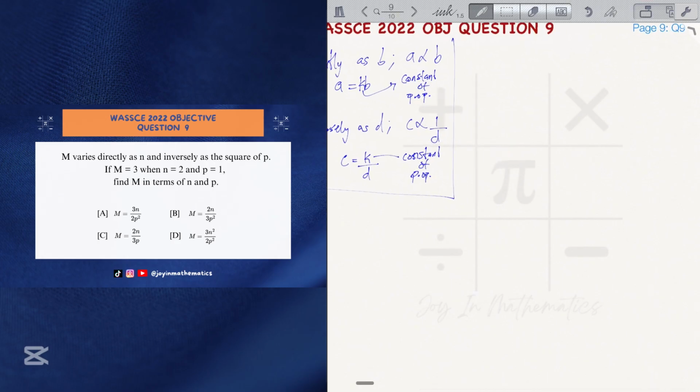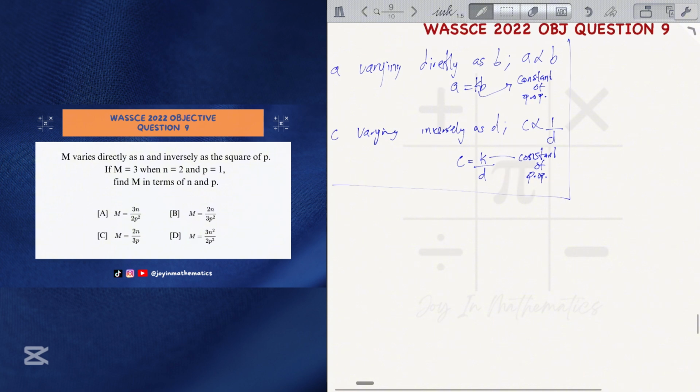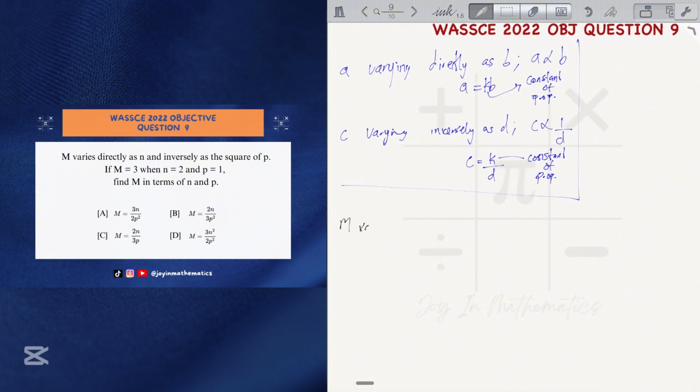So m varies directly as n, so we have m is proportional to n, and the same m varies inversely as the square of p. That means the square of p is p squared. So this means m is proportional to 1 over p squared.